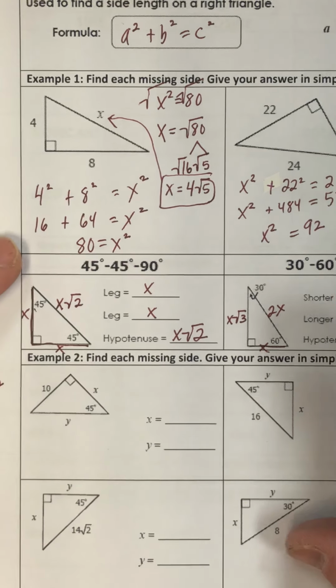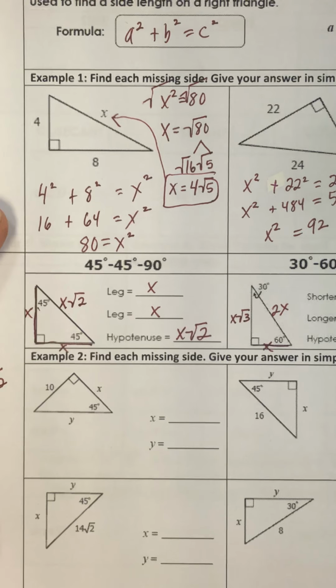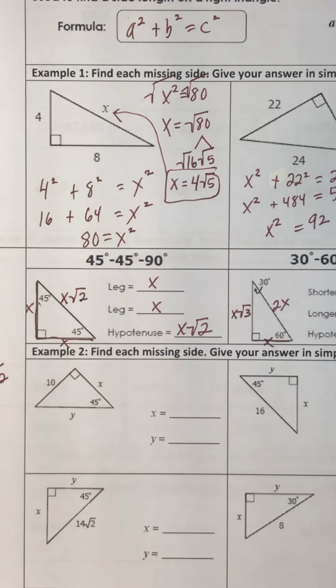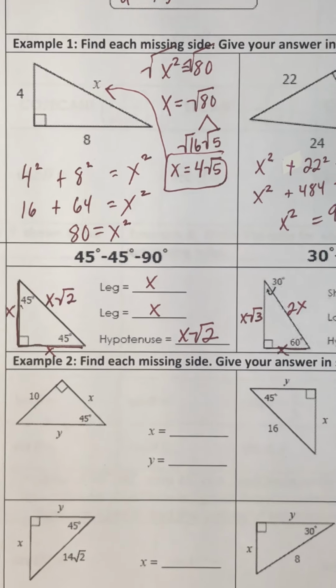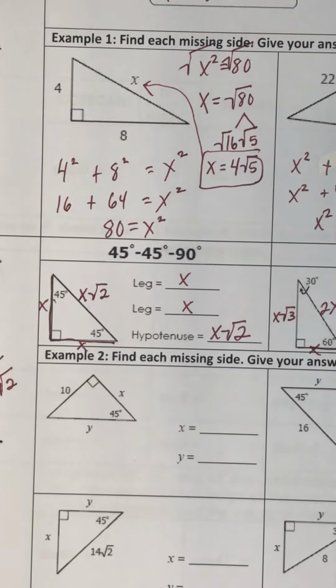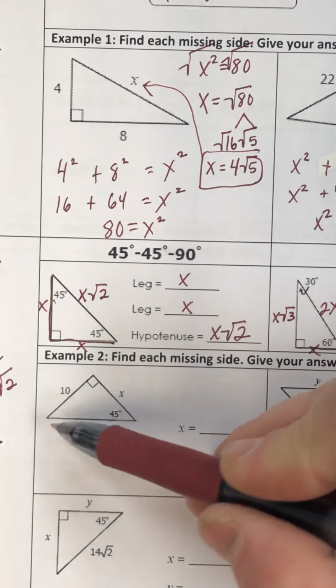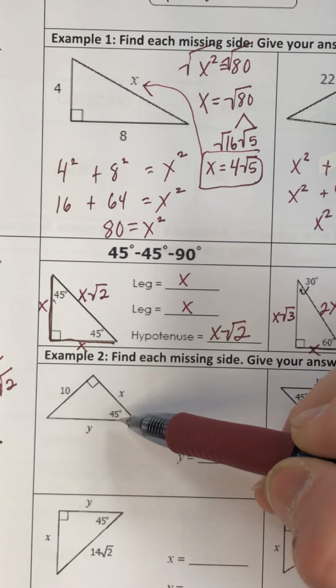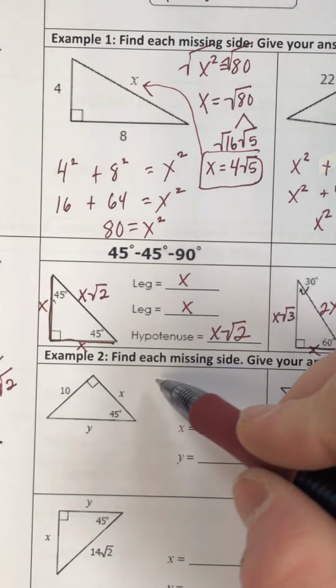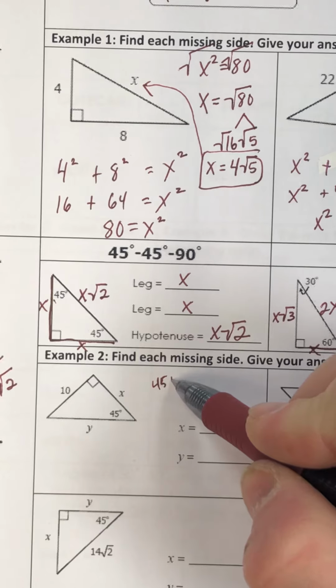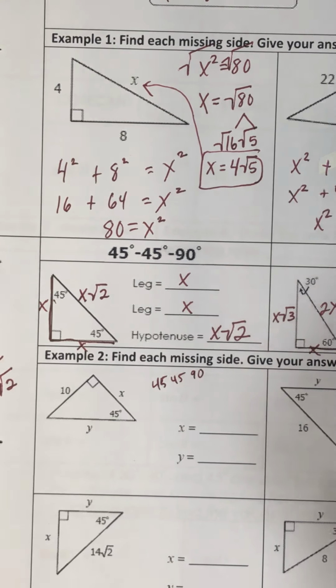All right, let's see. Example 2. Okay, we've got a right triangle. One angle here is 45, so this tells me that it's a 45, 45, 90.